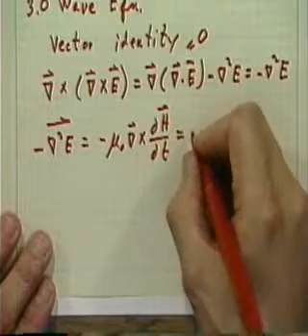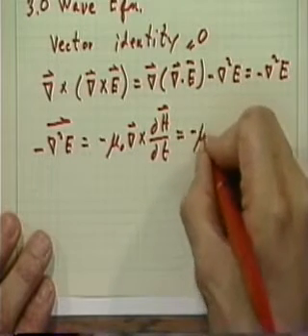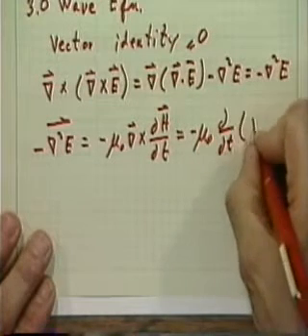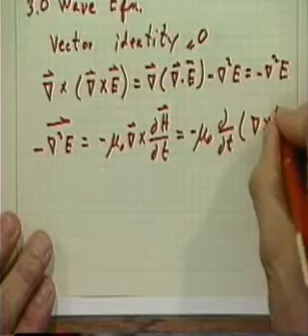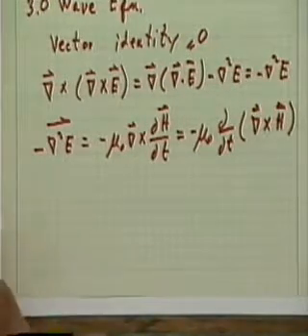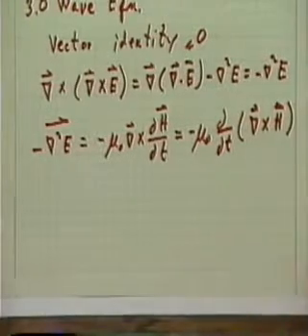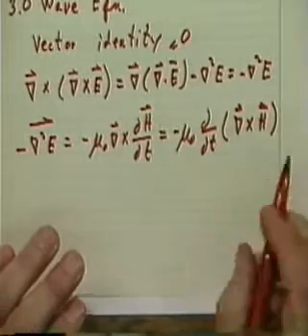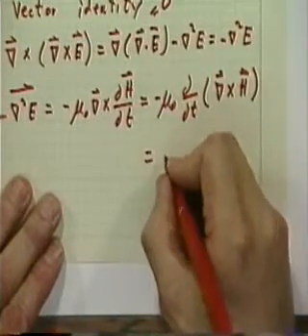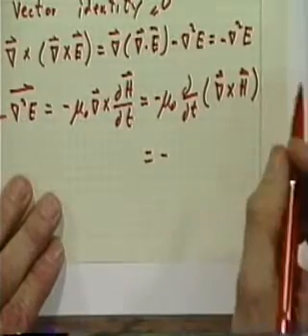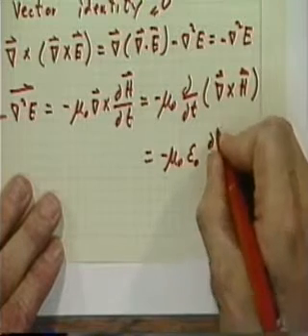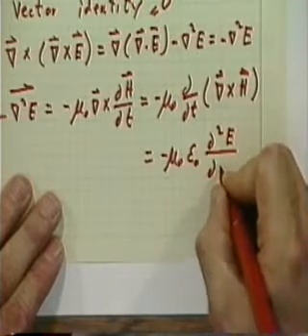And so we could write this as minus mu naught partial with respect to t of del cross H, where the order of time and space differentiation can be interchanged if H is sufficiently well behaved. And so we can write this as, again from Maxwell's equation, minus mu naught epsilon naught second derivative of E with respect to t.